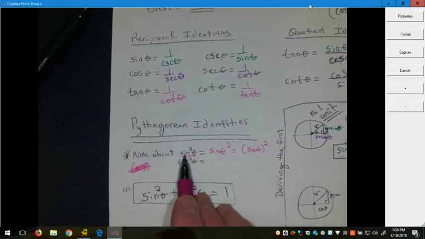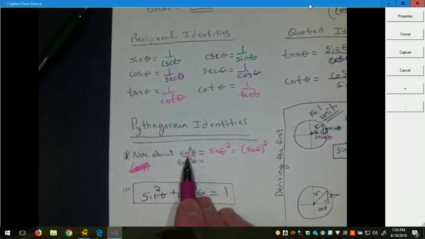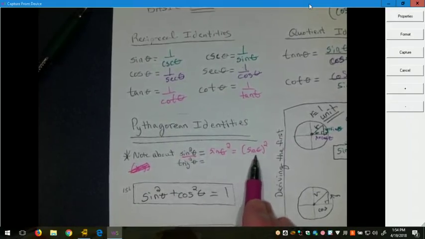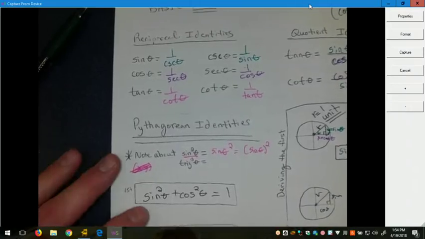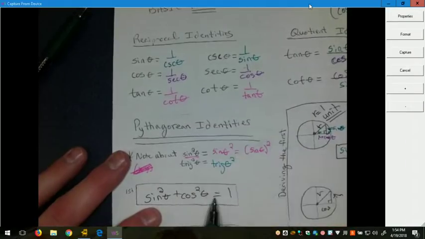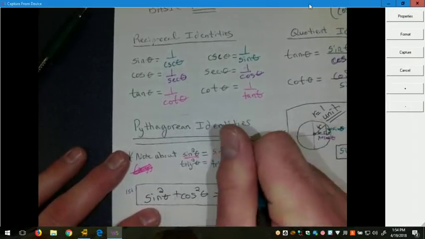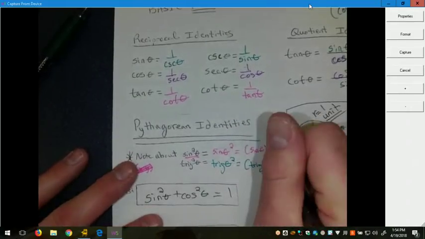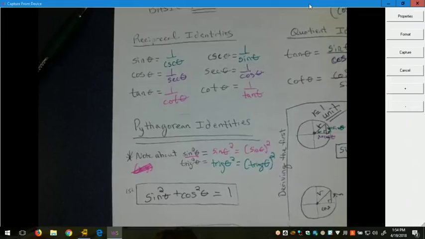This whole thing is sine of theta and it's being squared. That's true for any trig function. You can put the squared between the trig function and theta, after theta, or put the trig function and theta together with a squared on the outside. All of those are equivalent.